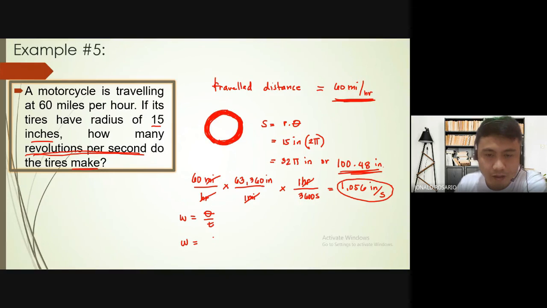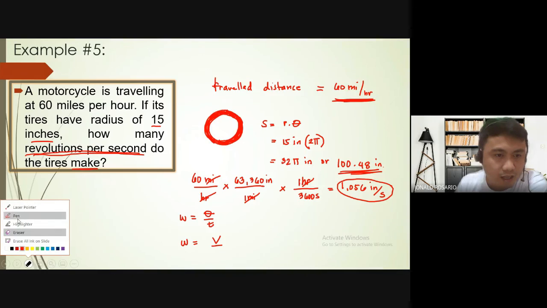We have v over r. Sir, bakit ano ba yung mga formula na ganyan? Actually, these are lessons on physics, at application po ito ng subject natin, which is pre-calculus, particularly trigonometry.